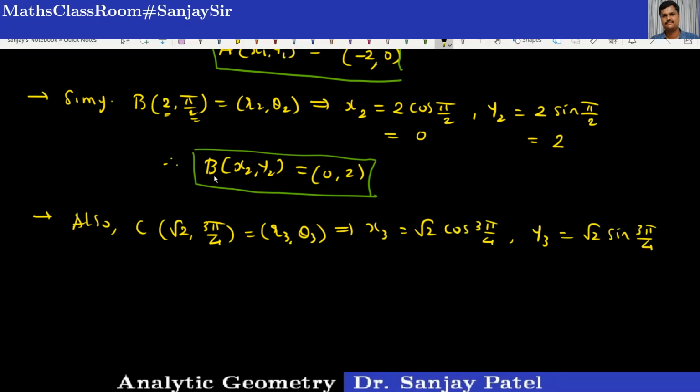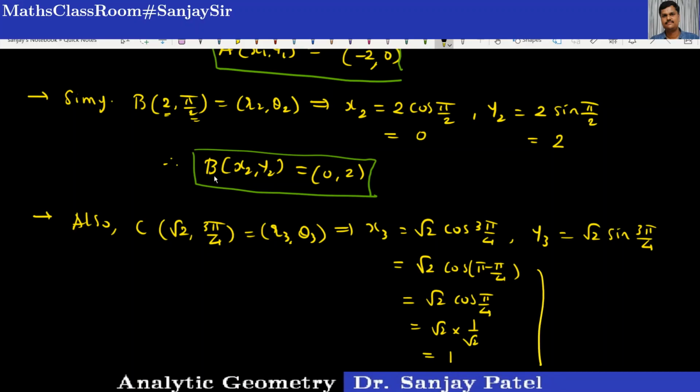Okay, so that gives us root 2 into cos 3 pi by 4. Cos 3 pi by 4 you can write as cos of pi minus pi by 4, and pi minus pi by 4 is 3 pi by 4. So this gives us root 2 cos pi by 4, and that is equal to root 2 into 1 upon root 2.